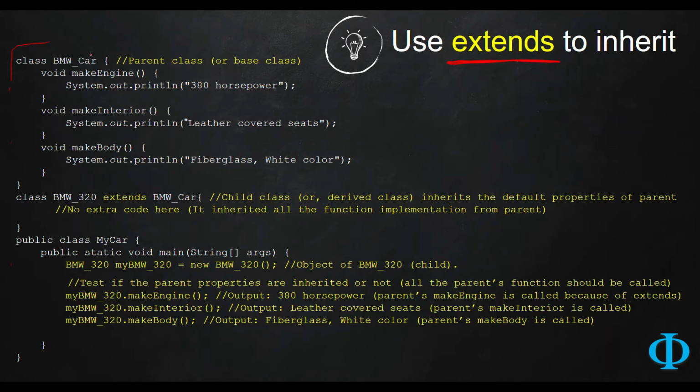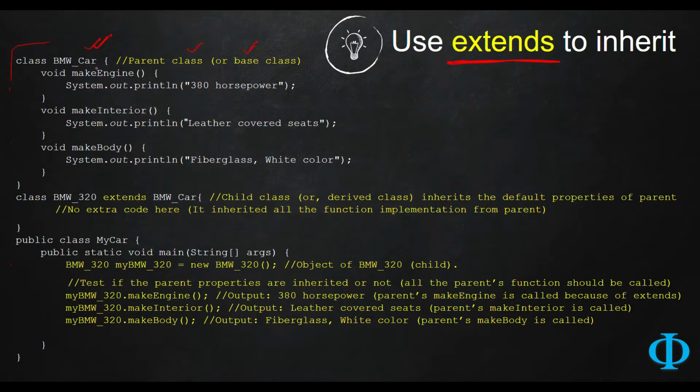First, in this code I have created a class called BMW car, which is basically a parent class, or sometimes we can call it a base class. Now this parent class is a general purpose BMW car class which accumulates all the general purpose functionalities of the BMW car. Let us say this BMW car class has three different functions.